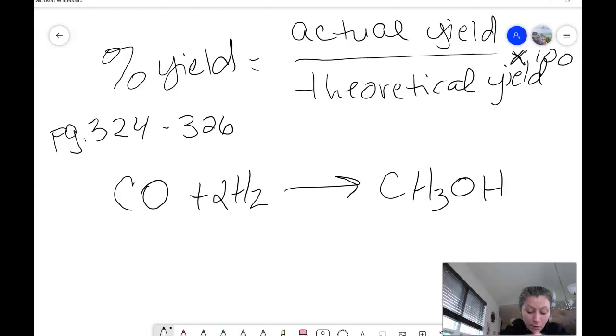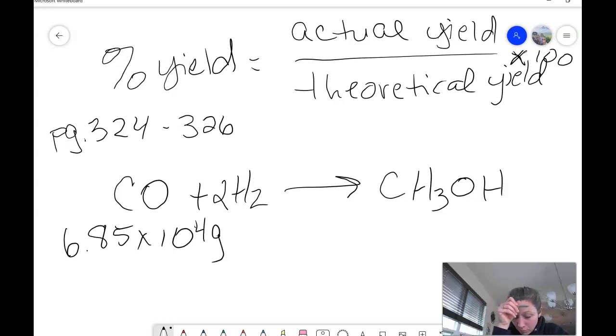We've got 6.85 times 10 to the 4th grams of carbon monoxide, so we can calculate the grams of methanol.